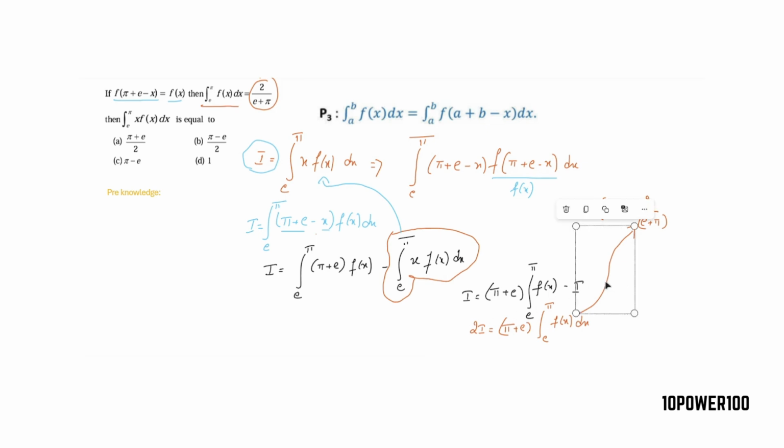So I'll remove this. And can we cancel e plus pi and e plus pi? So what is left out? 2I is equal to 2. So I is equal to 1 is the final answer. So do we have that option? Yes. Option D is the correct answer, children.